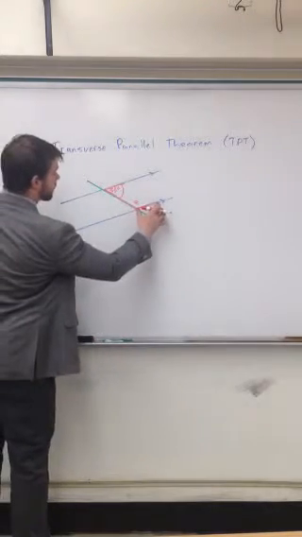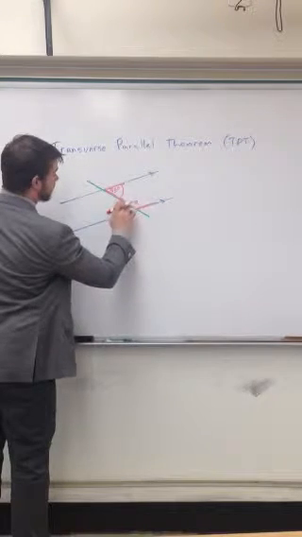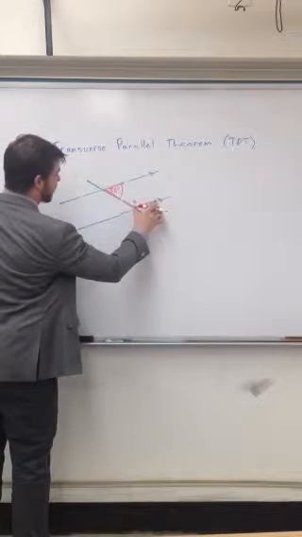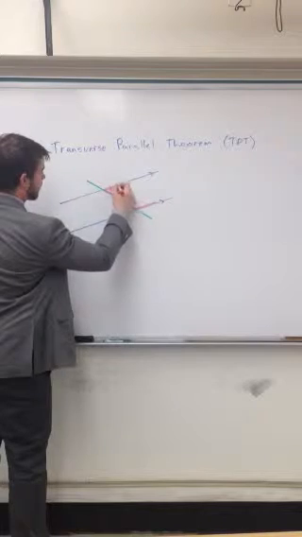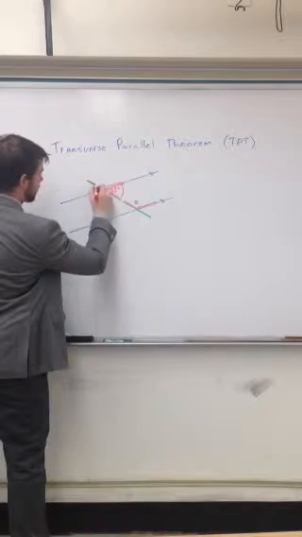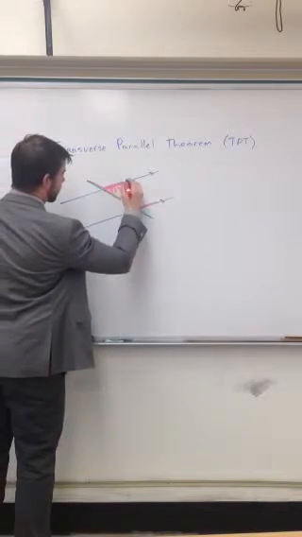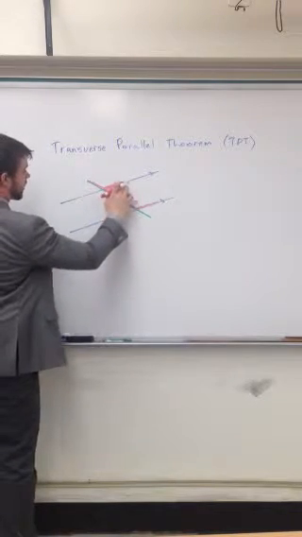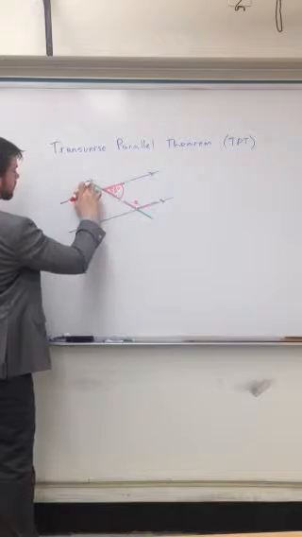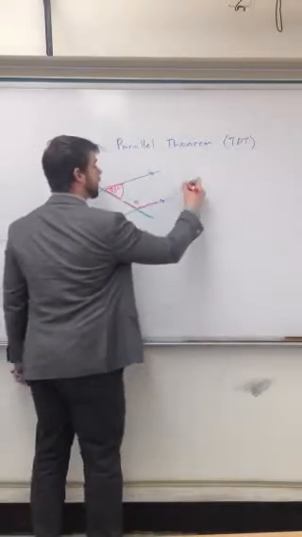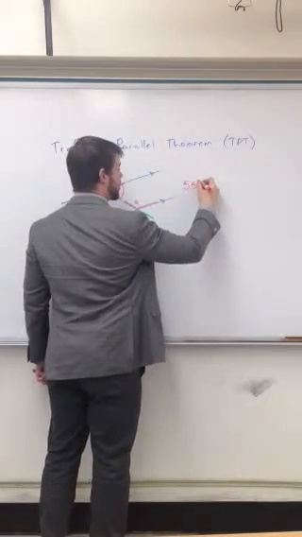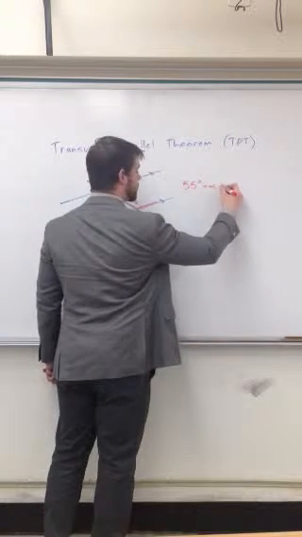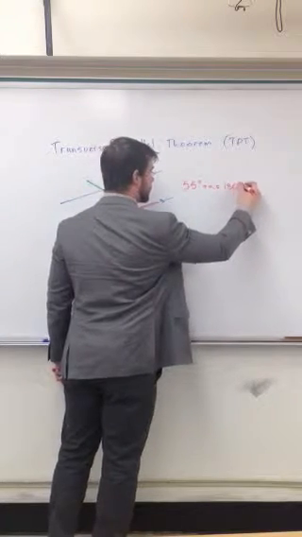We know this because if we think about translating this part of that C shape up, it would create a supplementary line. You can see just moving that to there, you would have a straight line and therefore 180 degrees. So we can write the statement that 55 degrees plus A is equal to 180 degrees.